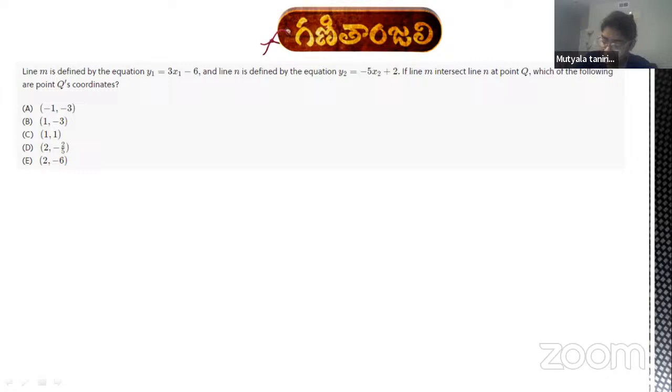So is it 3x minus 6 equals negative 5x plus 2, is that how I should do it? Yes. It is x1, that is x2. No, sir, I was trying to do it as a system of equations. System of equations, okay.